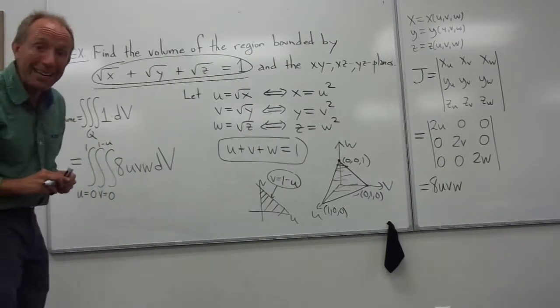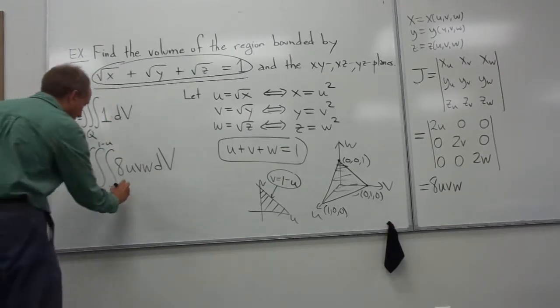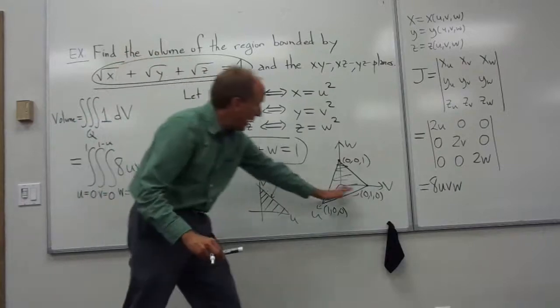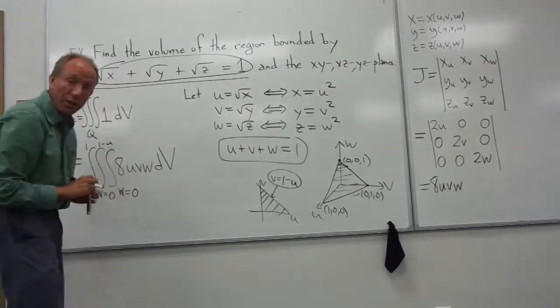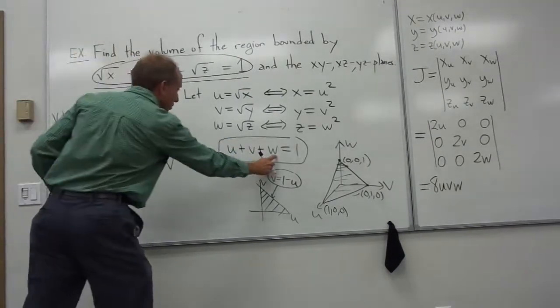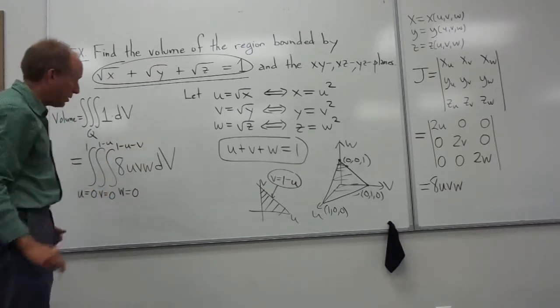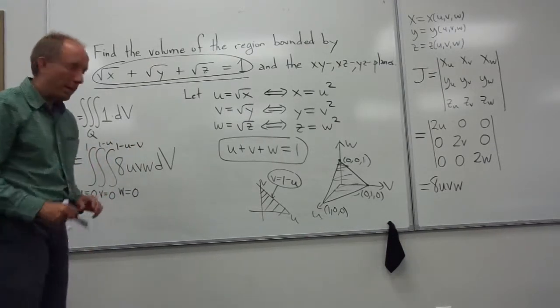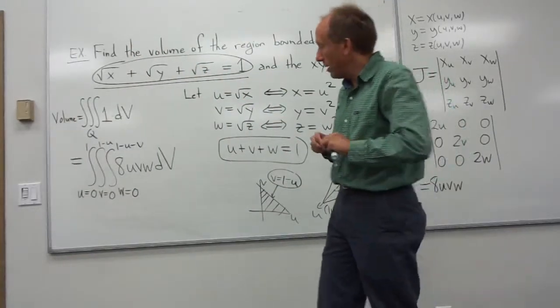That's on the outside. On the inside, I would do the w integration, which starts at the base, the uv plane, where w is 0, and goes up to the surface itself, which if I solve it for w is 1 minus u minus v. This would be the setup of the integral in the uvw domain.